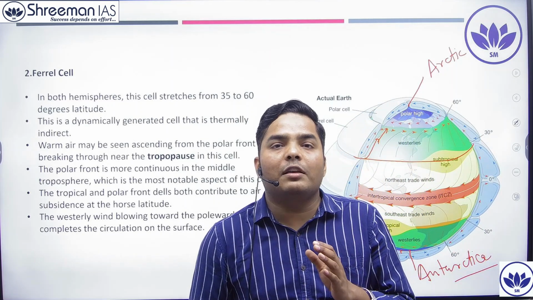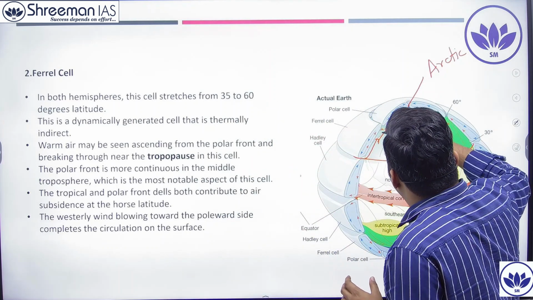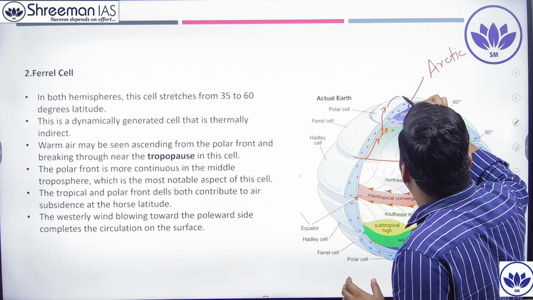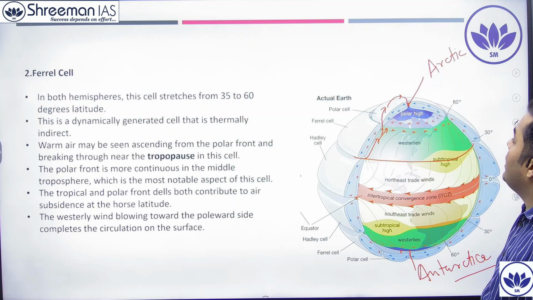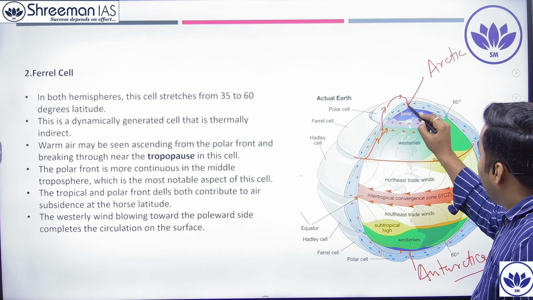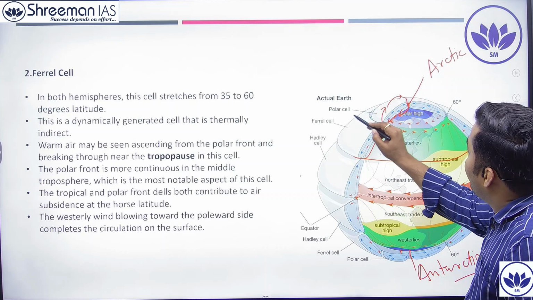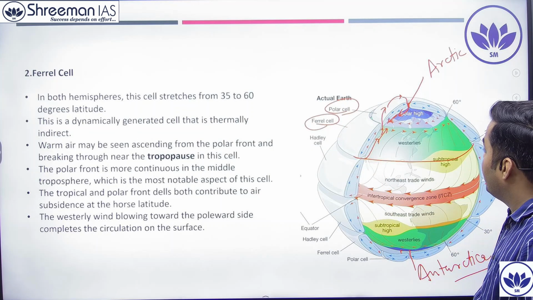So the cold air mass will uplift the warm air mass, and hence this air will move toward this side and fall over the poles, means north pole and south pole. Hence this polar cell and Ferrel cell will be formed.